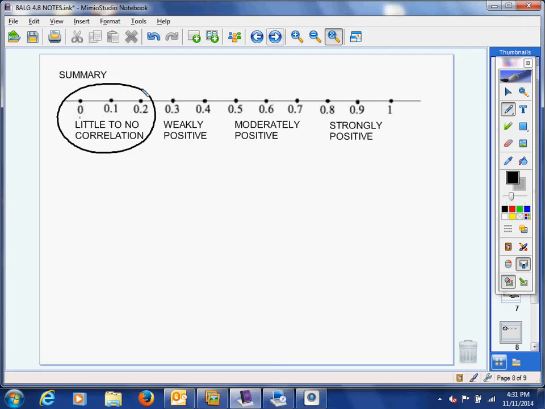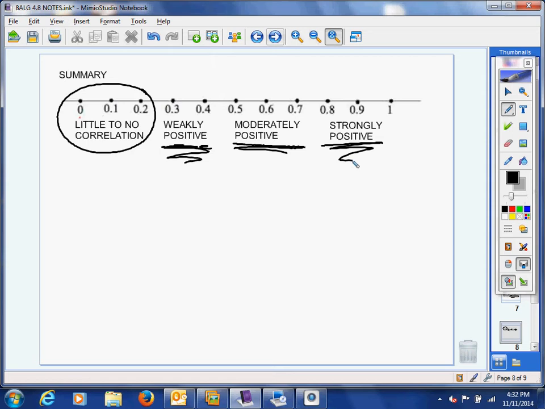And then numbers around 0.3 to 0.4, it's weakly positive. It's not real strong at all, okay? And then as we get to the halfway point, 0.5 to 0.7, it's moderately positive. And then we get up here to 0.8, 0.9, and as close to 1 as we get, that is strongly positive. And that's how we want to look at it.